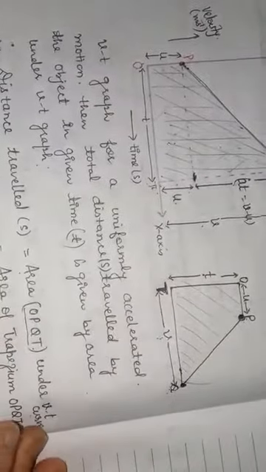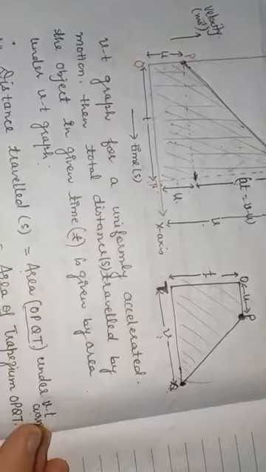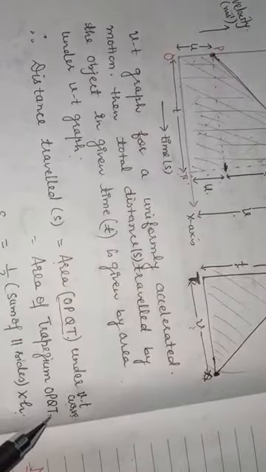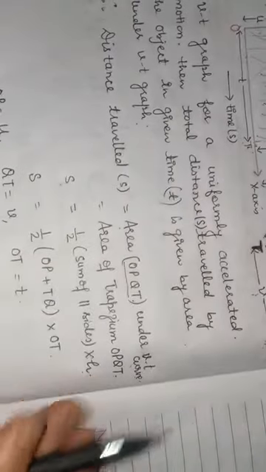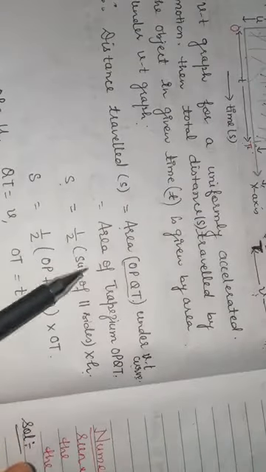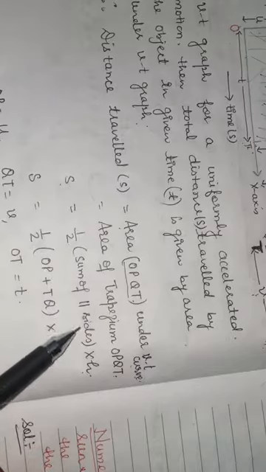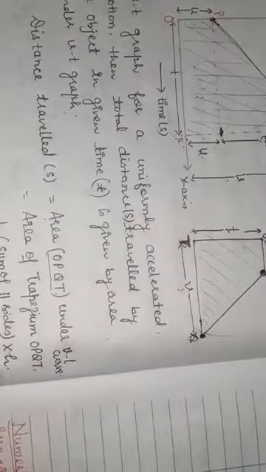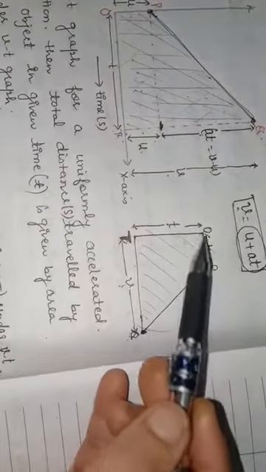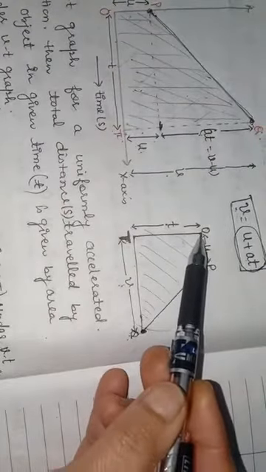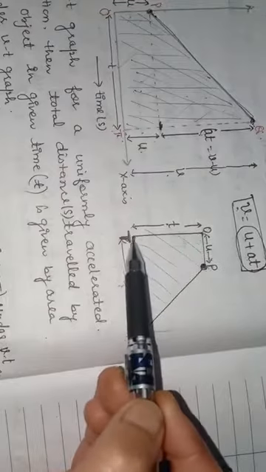In your 8th class you have studied the formula for the area of a trapezium, that is, the area of trapezium OPQT. We know the formula that the area of a trapezium is equal to half the sum of parallel sides into height. Look at this figure. These are the two parallel sides and this is the perpendicular distance that we call the height of the trapezium.